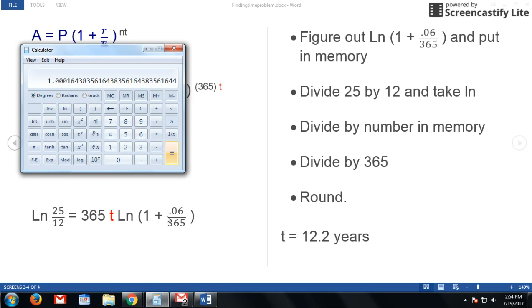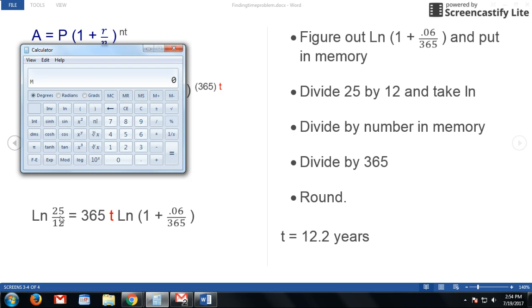The number in my calculator now is the stuff in parentheses. We're supposed to take the natural log of that, so let's press our LN key. Now, this number we're going to need a little bit later, so let's save it in the memory of the calculator. That MS key lets us save things in the memory. Now, anytime we need that, we can push MR, memory recall, and it'll pop back up. But for now, I can clear it, and it's saved in our memory.